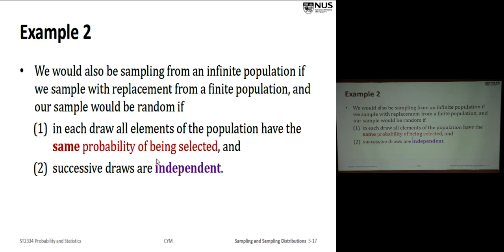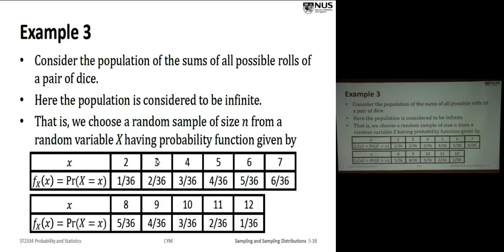So what this says is basically you have a population, we draw any element of this population with equal chance, and then successive draws are independent. Again, another independent and identically distributed sequence.